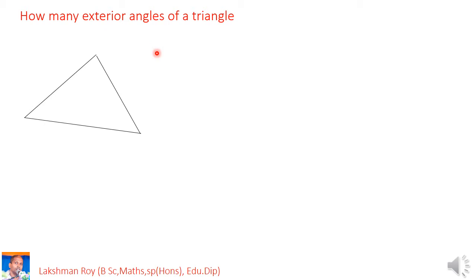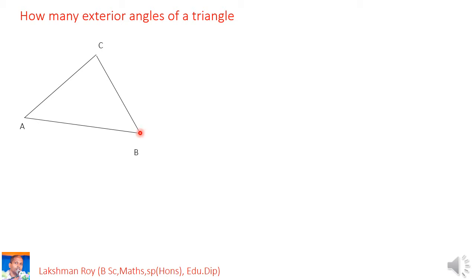So let's see, this is my triangle, which I name as capital ABC. Now you know, student, capital A is a vertex, capital B is a vertex, and also capital C is another vertex, right? So there are three vertices.